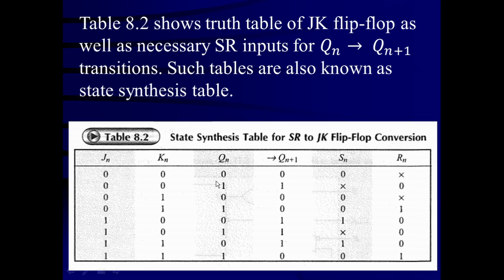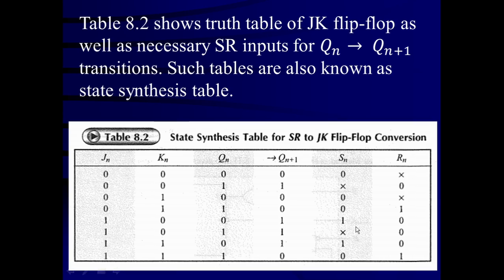Starting from 0, 0, 0, that is called location M0, 0, 0, 1 is M1, 0, 1, 0 is M2, 0, 1, 1 is M3, 1, 0, 0 is M4, 1, 0, 1 is M5, 1, 1, 0 is M6 and 1, 1, 1 is M7. These are the locations in a Karnaugh map.